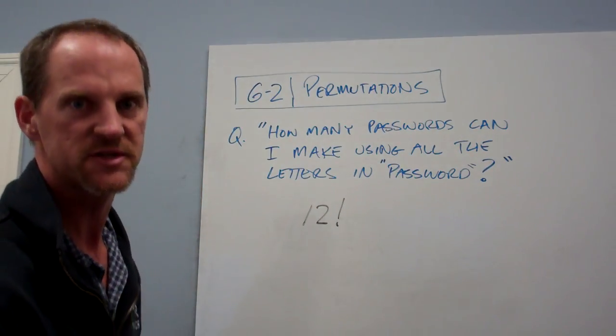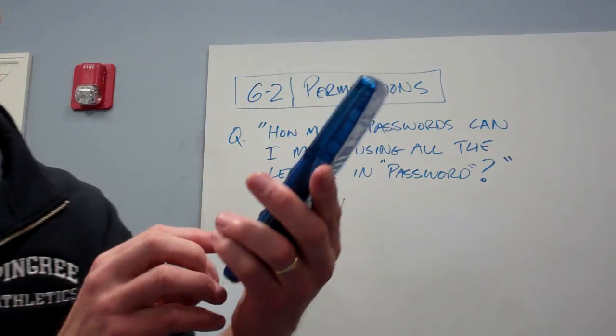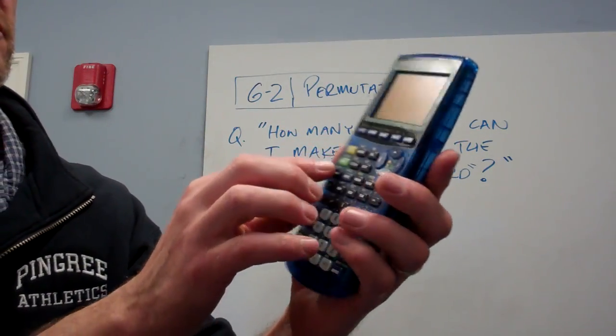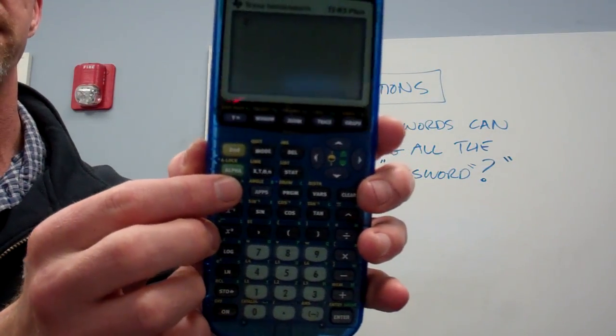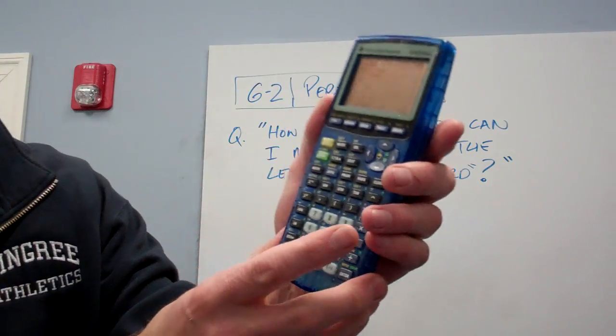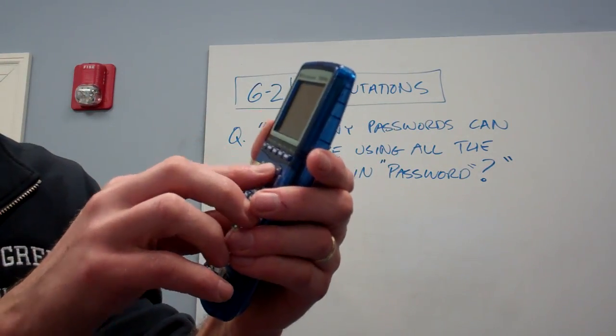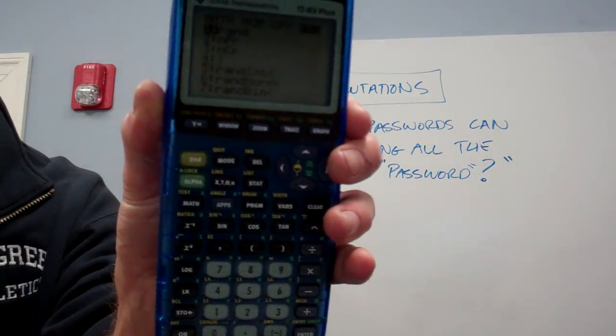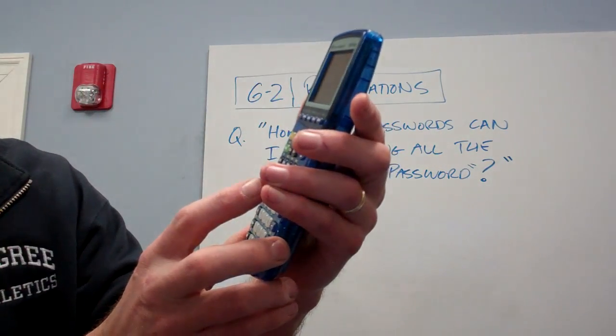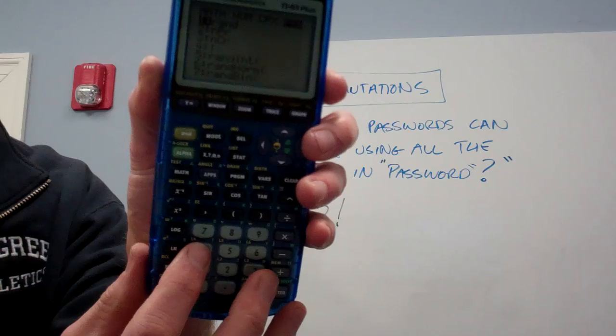And there's a way to do this in our calculator that's pretty handy, and I'll show it to you here. If you press the math button, okay, and you then go to the probability menu, so I would go over to PRB, that's probability, and then you can see option number 4 is the factorial symbol.